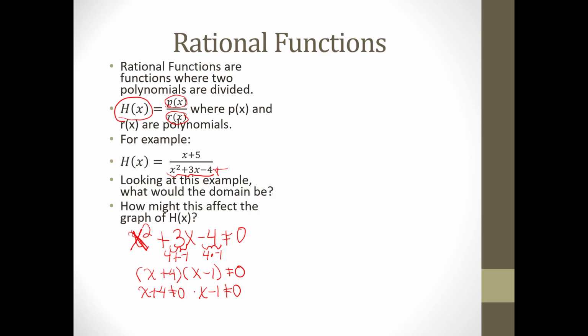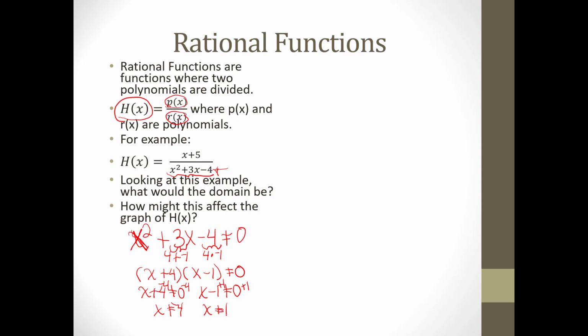We want to know what would make those 0, because those are the things we cannot plug into the formula. If we solve this, we would subtract 4 from both sides, and x cannot be negative 4. We would add 1 to both sides here, and x would not equal 1.